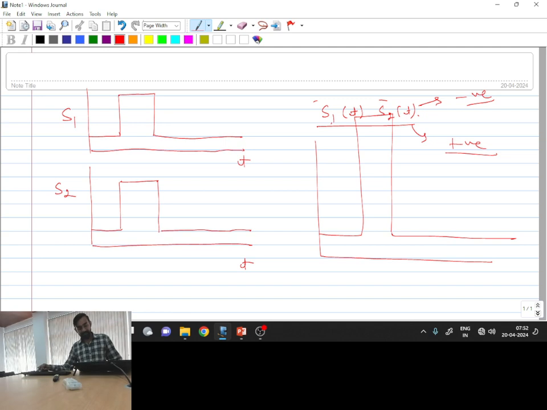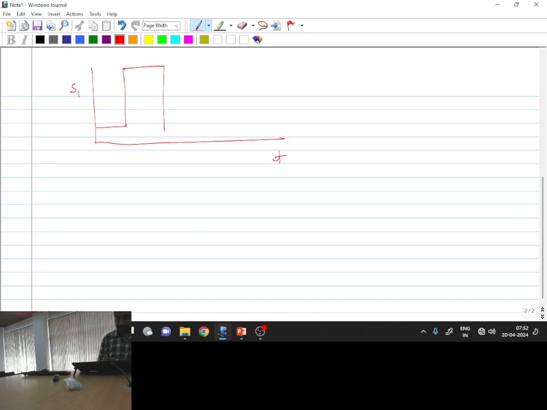In many cases, it happens that signals are self-similar, but there is some phase difference between the two signals. Say, one is having peak at this point and other is having peak at some other time.